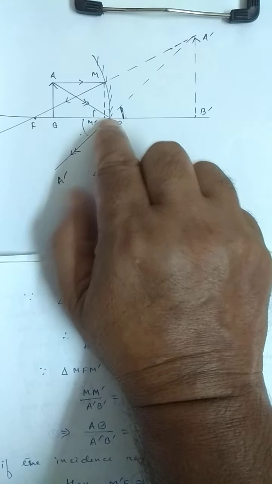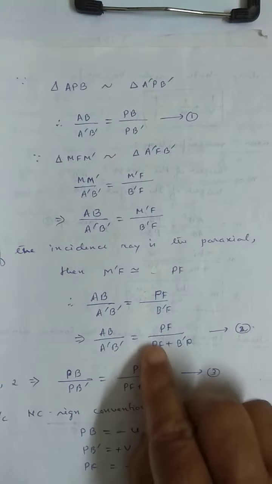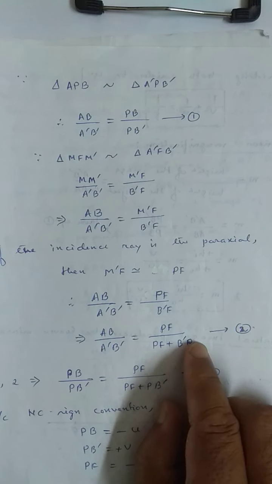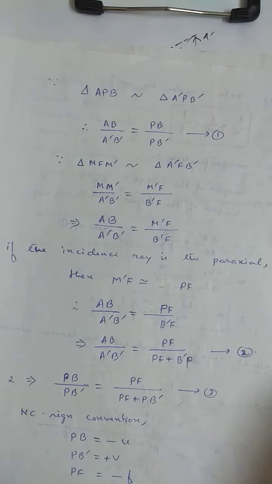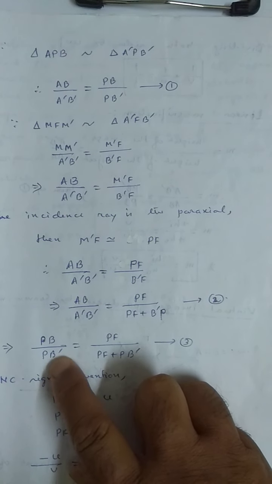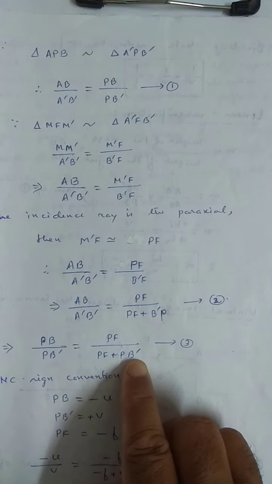So B dash F is PF plus PB dash. Now, from equations 1 and 2, what do we get? PB by PB dash is PF by PF plus PB dash.